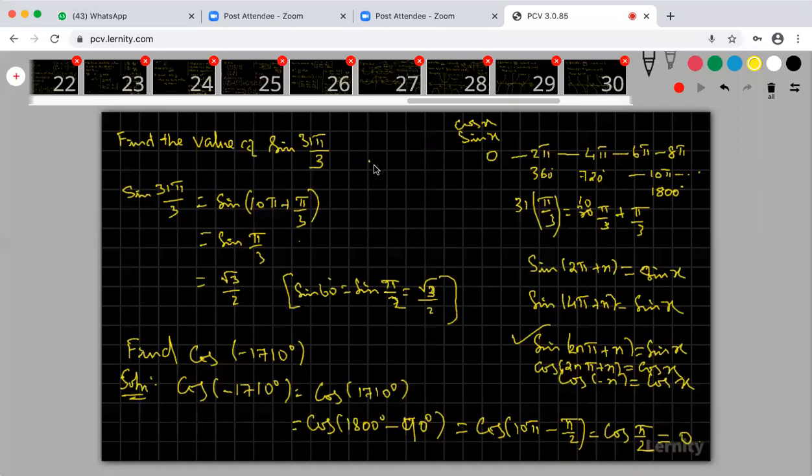Please complete this. The homework problem is exercise 3.2. This is homework. Please try to complete that and try to understand that.